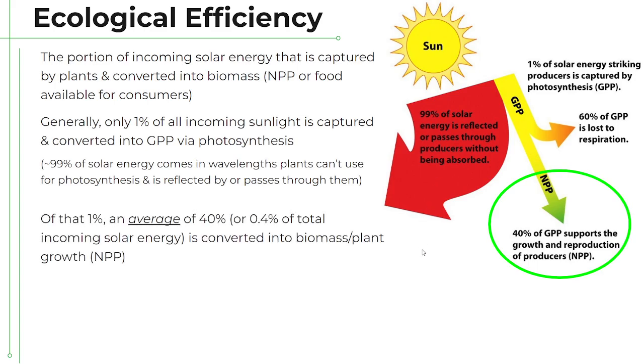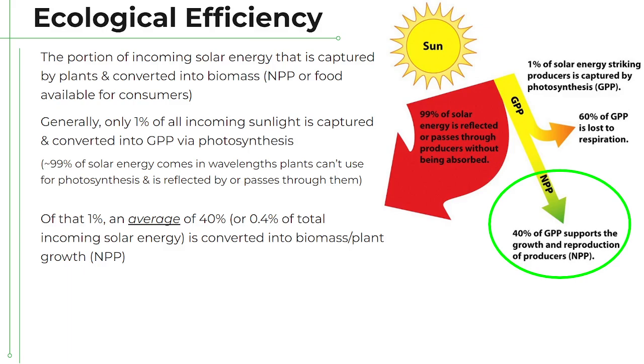Now, when we think about net primary productivity in terms of the amount of solar energy that's actually coming in, about 99% of all solar energy is not being used by plants. So plants are really only using about 1% of the solar energy that strikes them, which means that a lot of it is passing through, bouncing off, and not being absorbed through photosynthesis.